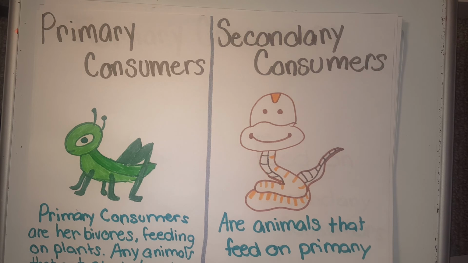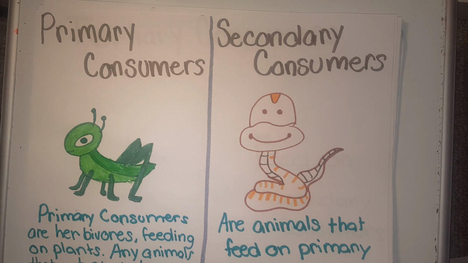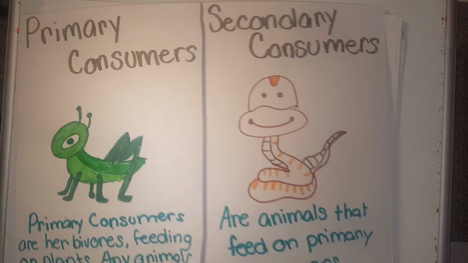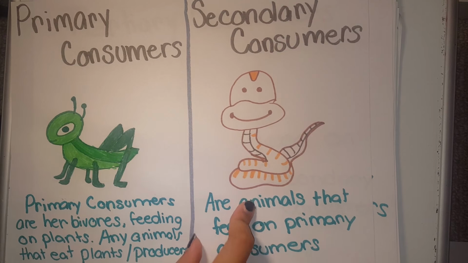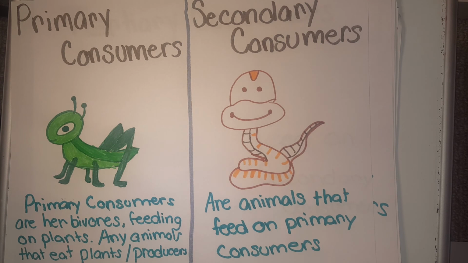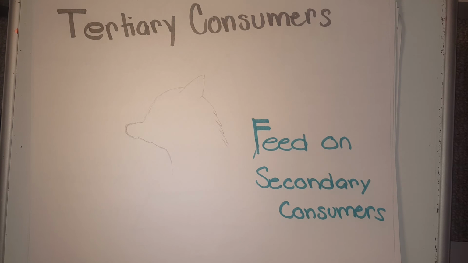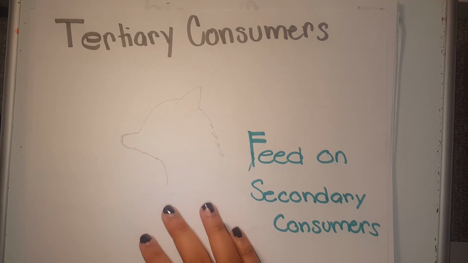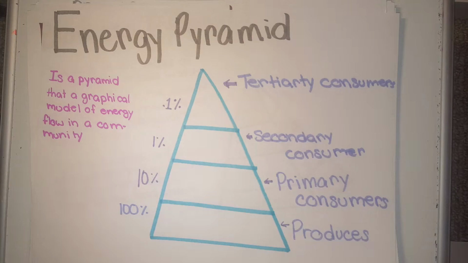Primary consumers are herbivores, feeding on plants, any animals that eat plants. Secondary consumers are animals that feed on primary consumers. Next we have tertiary consumers, they feed on secondary consumers. And I will explain in the energy pyramid.